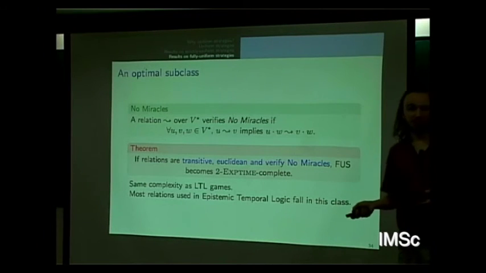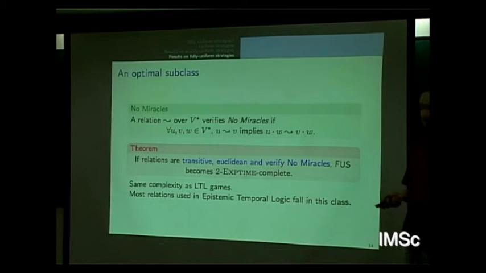They can be recognized by simple transducers, so they are simple rational relations. Usually, equivalence relations verify that. And this is an assumption you can make easily; it makes sense if you think of epistemic aspects most of the time.